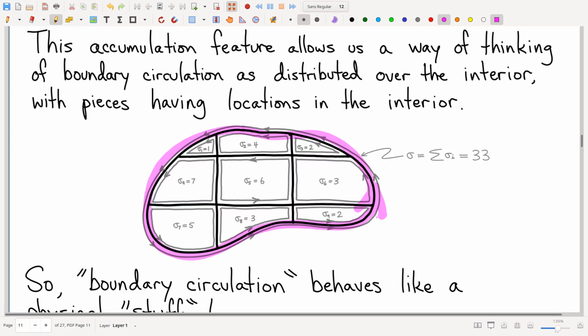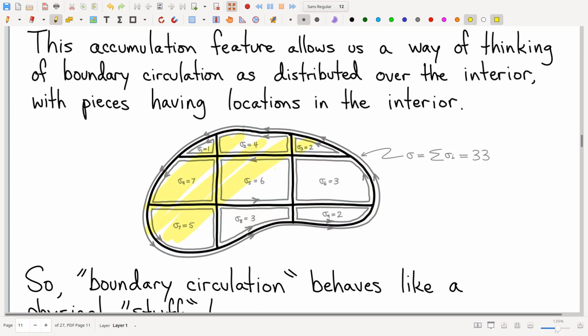But how much of that boundary circulation is happening there? How much of the purple boundary circulation is happening where the green boundary circulation is being measured? And the answer is, well, what are you talking about? They don't even touch each other. They're completely different curves. They don't intersect or anything. But again, that's just the wrong way to think about it. It's just much more natural to think of it this way.